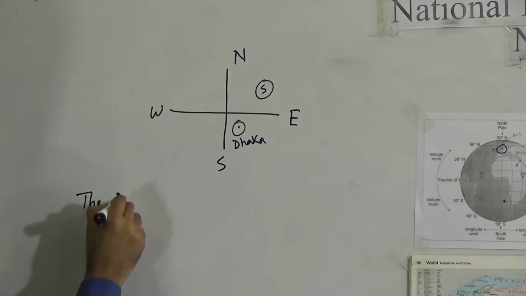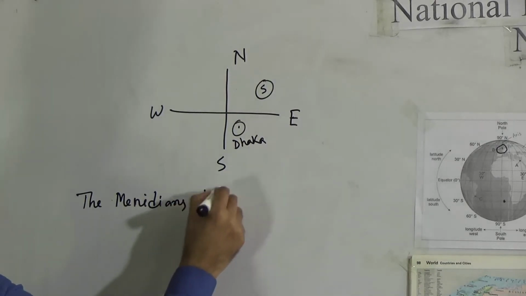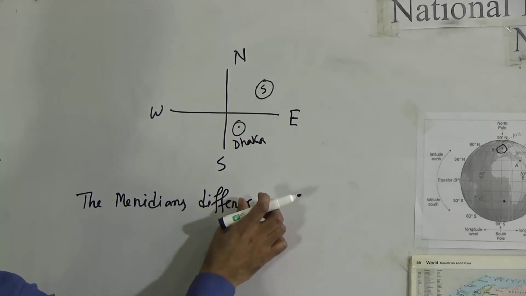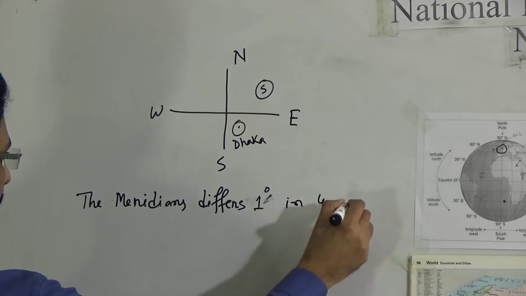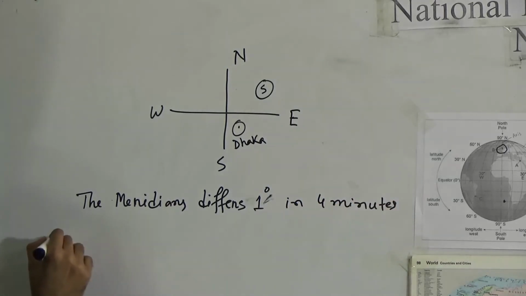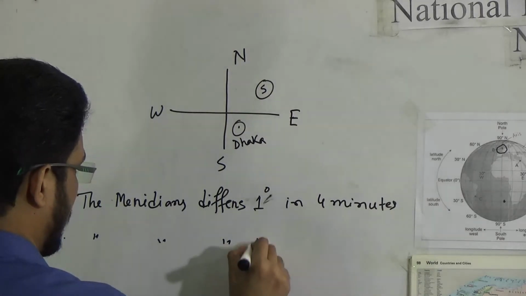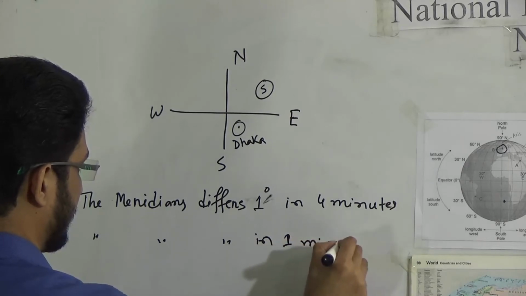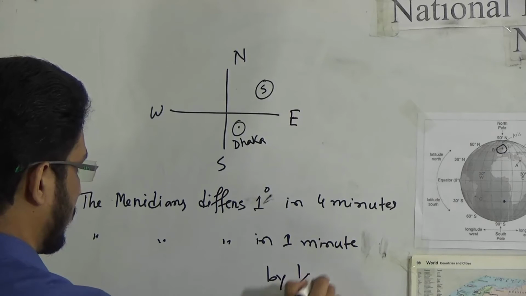The meridian differs 1 degree in 4 minutes, that means 1 minute differs by 1 by 4 degrees.